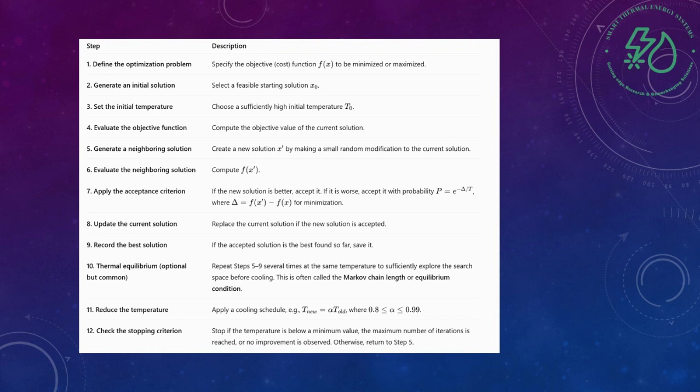Then we have step 5, generate a neighboring solution. In this step, the new candidate, we call it x prime, is created by making a small random change to the current solution.